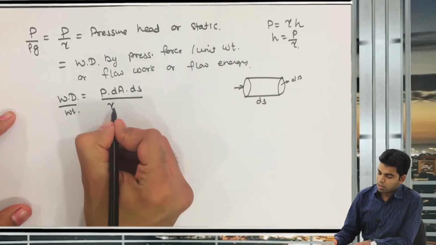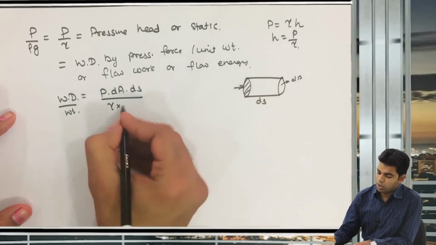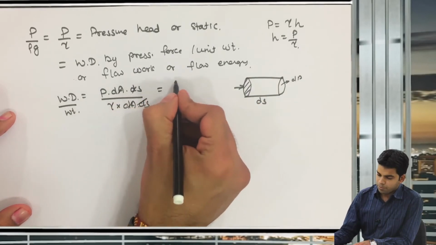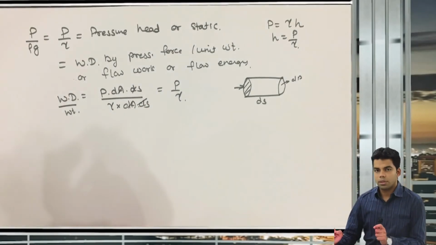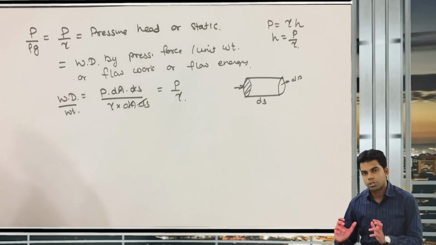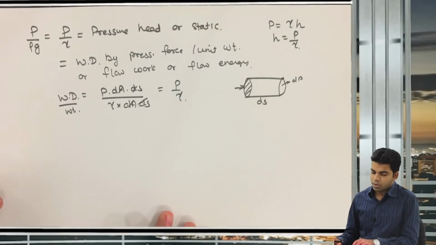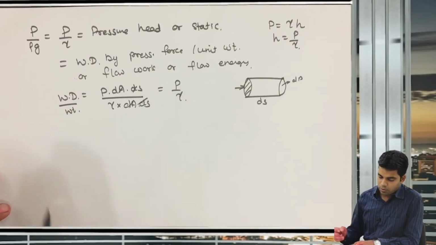Weight is specific weight times volume, and volume is dA ds. So this will be cancelled out and we will get P/γ. So this P/γ is the pressure energy per unit weight of the fluid. Getting this or not? Similarly the second term which we got was V²/2g.